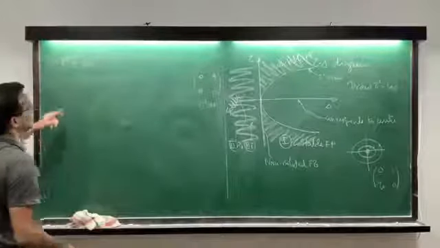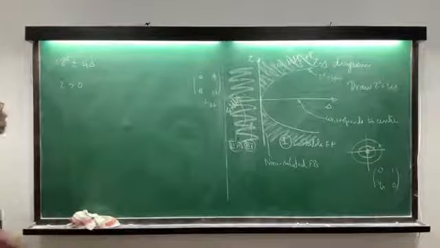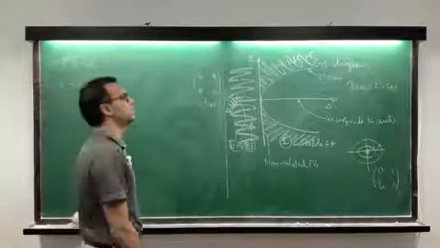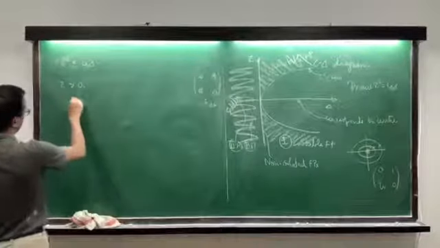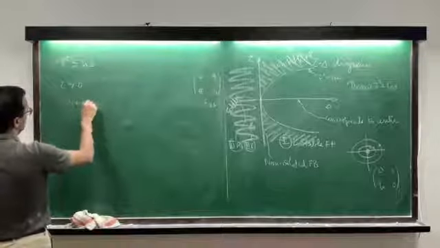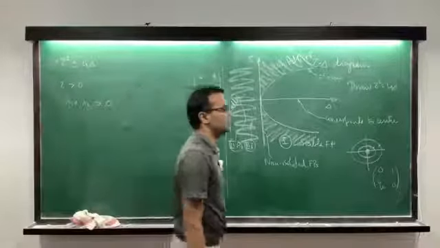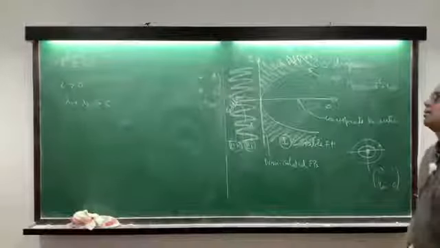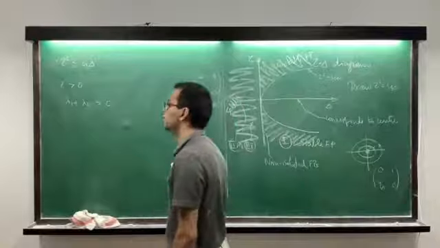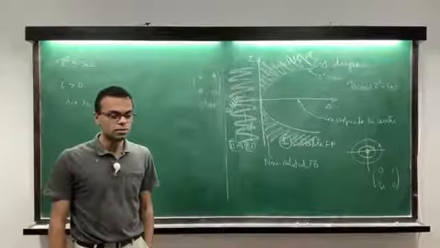If you have tau positive, okay, delta is of course positive, you're within the parabola on the right hand side. If you have tau positive, that means lambda 1 plus lambda 2 is positive. Okay. And if lambda 1 and lambda 2 are complex conjugate, then the real part of lambda 1 is the same as the real part of lambda 2. Okay.